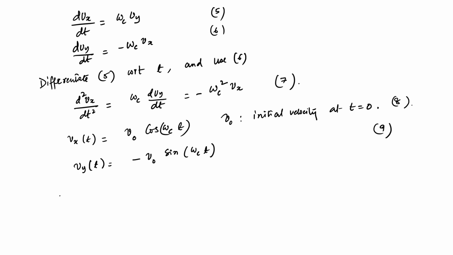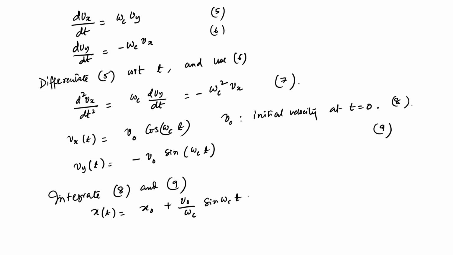So, if you integrate 8 and 9, one gets x of t equal to some initial x0 plus V0 by omega c sine of omega c t, and y of t equal to y0 plus V0 by omega c cosine of omega c t.